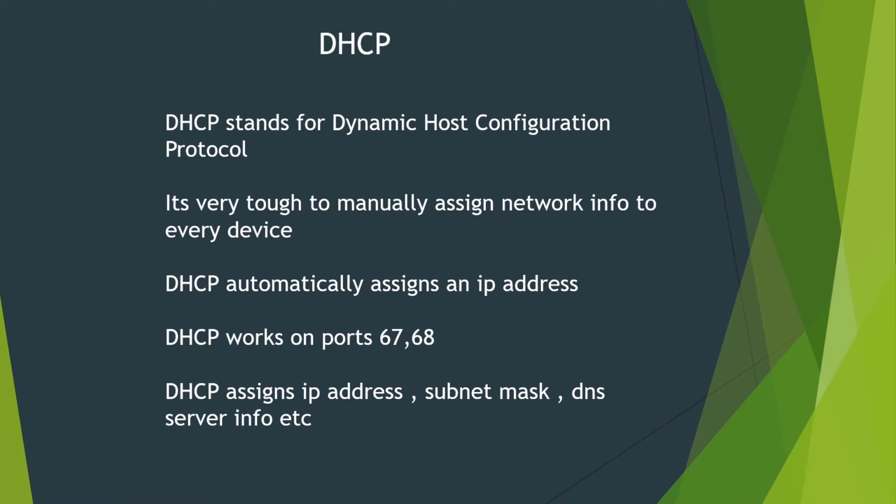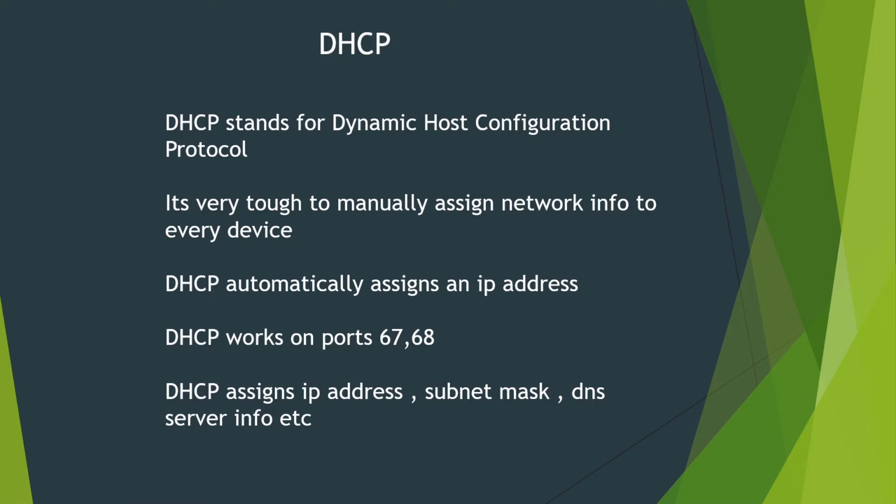DHCP stands for Dynamic Host Configuration Protocol. This will configure the host dynamically on reboots, and it is very tough to manually assign the network info to every device. DHCP automatically assigns the IP address, and also the subnet mask and DNS server info, whenever the computer starts a session.